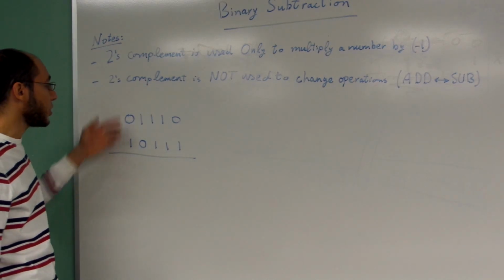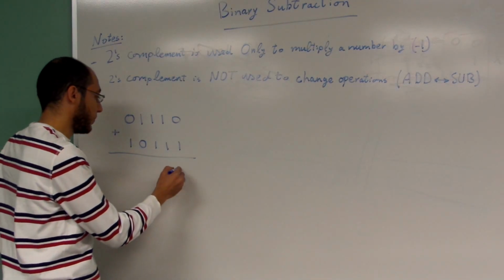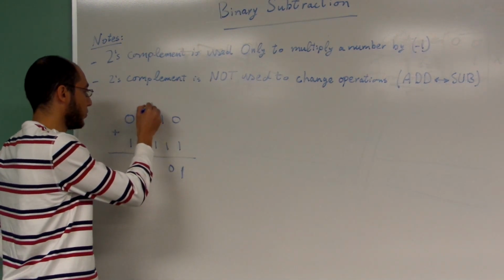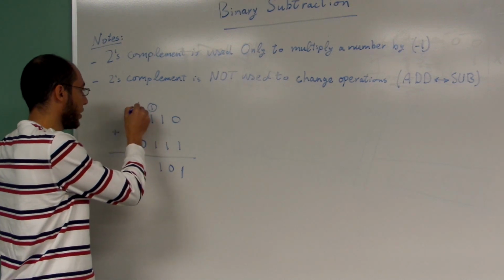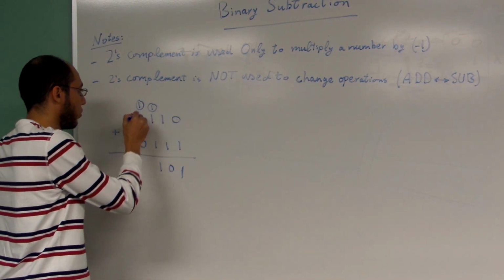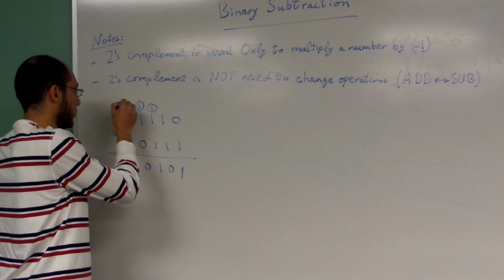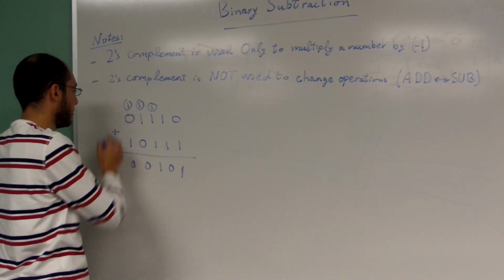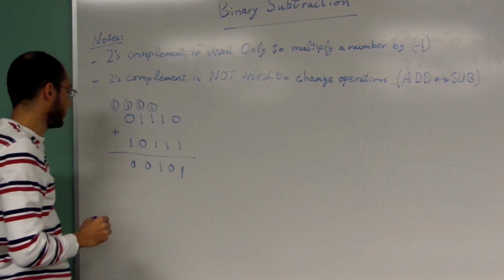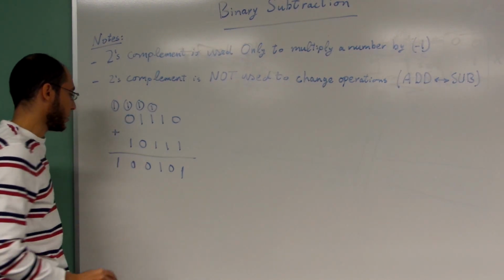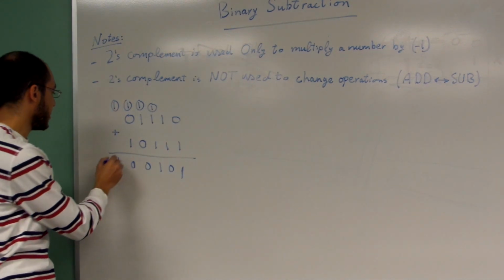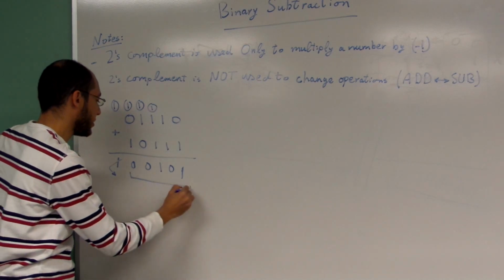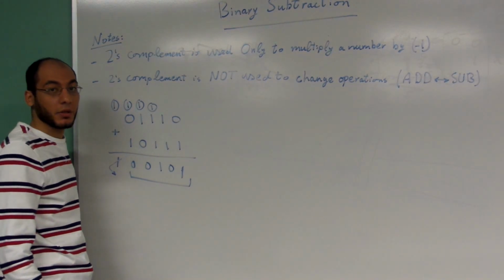If this is an addition operation, then do the addition straight away. 1 plus 1 is 0 and carry 1, and then 1, carry 1, 1 plus 1 is 0, carry 1, 1 plus 0 plus 1 is 0, and carry 1, and which here is a 1. So this is discarded. So the final answer becomes this 5-bit signed number.